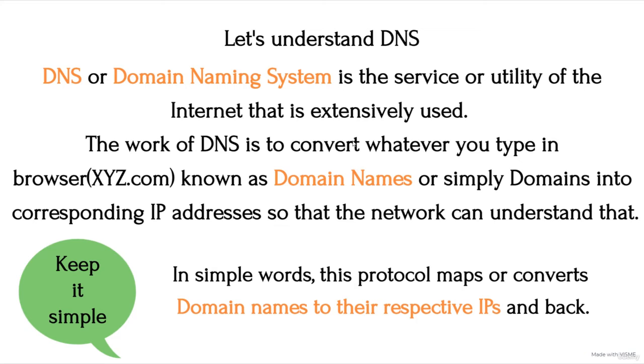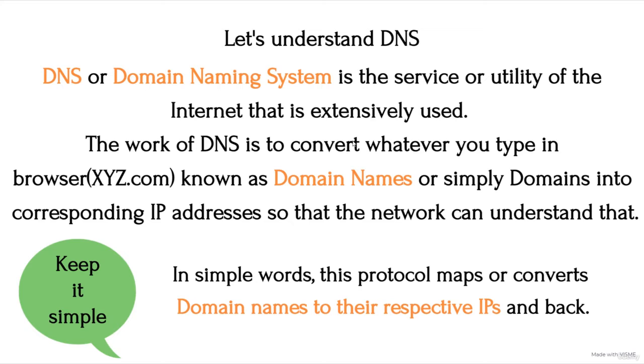This magic happens not just with Facebook or Instagram or some random websites, but with every website or web page that is available on the internet. This is due to a service known as the domain name system, domain name server, or whatever you call it, or simplified as DNS. Some call it domain name server while some say domain name system.